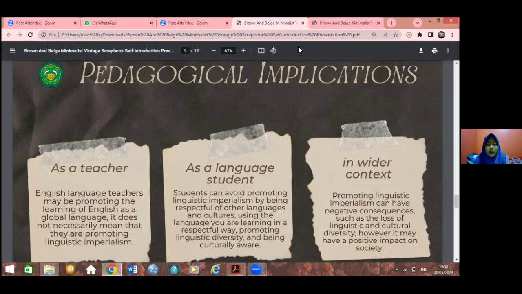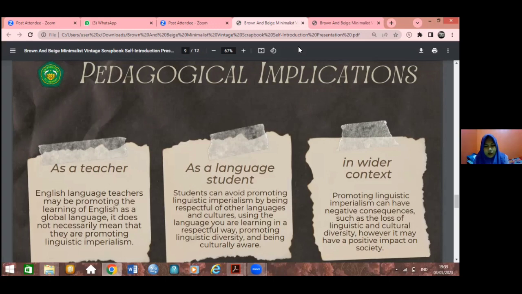The second one is as a language student. As a language student, students can avoid promoting linguistic imperialism by being respectful of other languages, using the language that you are learning in a respectful way, promoting linguistic diversity, and being culturally aware.